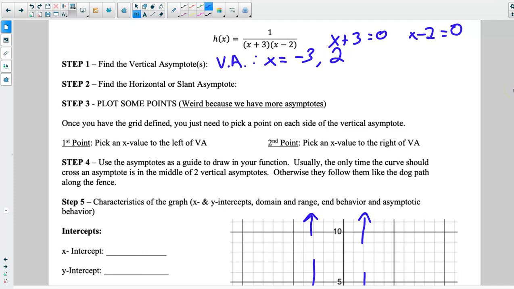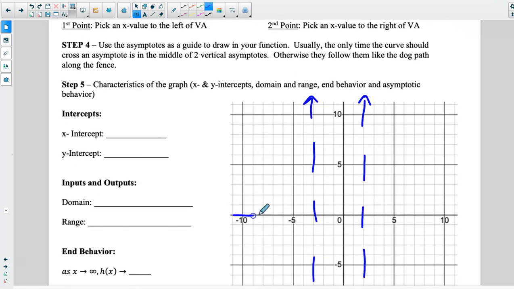What is my horizontal or slant going to be? What degree is the top? 0. What about the bottom? Okay, so we got small over big. So I'm looking at y equals 0. Let's choose a point furthest on the left.